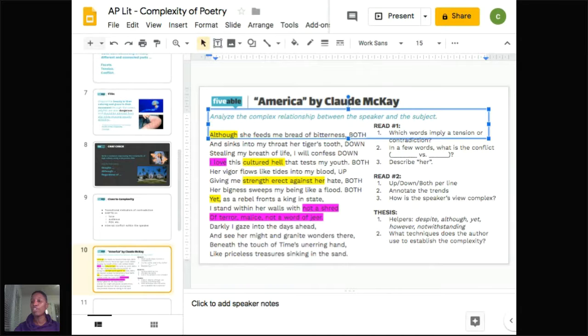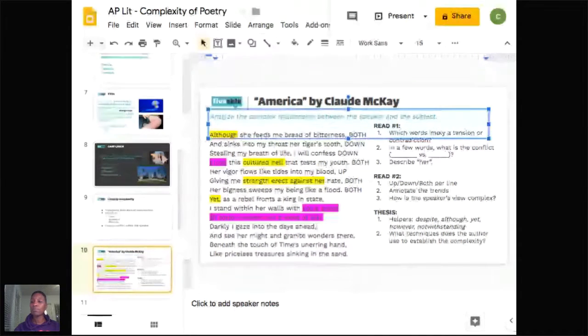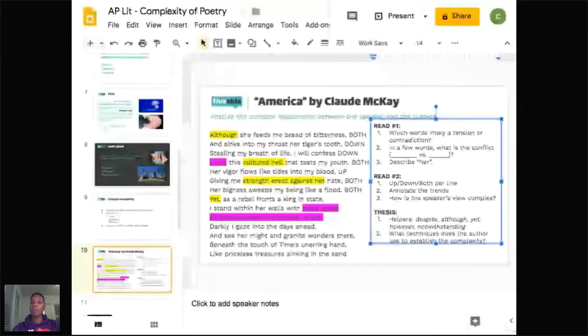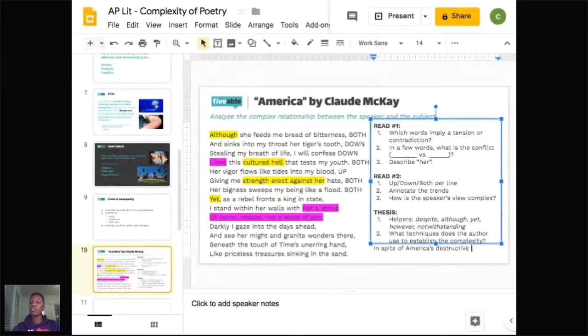And so if I could just pull from what you all have said, and then add in the personification, the imagery, the attention. So I like despite, but I'm not going to use it. Maybe in spite of America's destructive behaviors and power over the speaker.